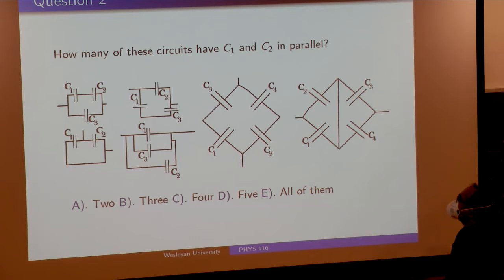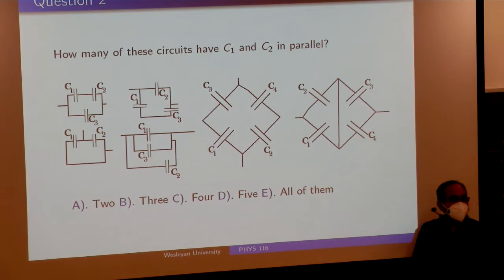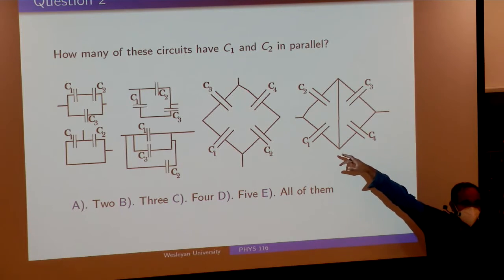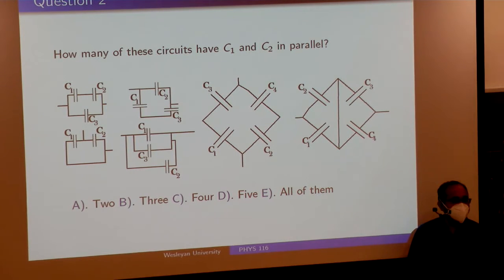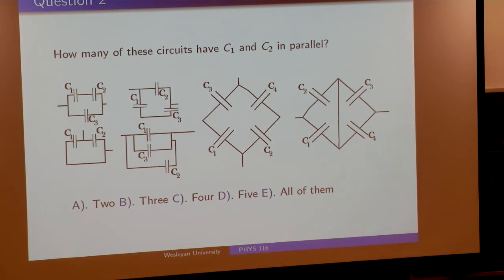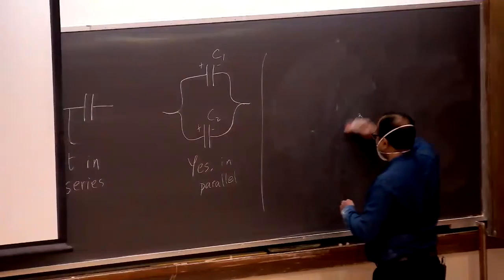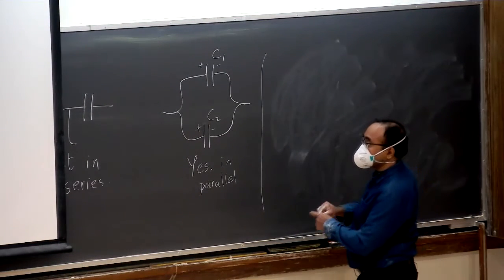So there might be an initial setup current, but it would go to zero fairly quickly, because eventually both these points would reach the same potential, and then there's no reason for a current to flow through the wire. C1 and C2, yes, you can consider them in parallel. So let me show how you could redraw this. This often helps with circuits: redrawing them while keeping the connections the same.